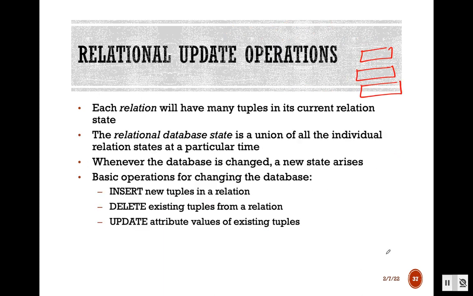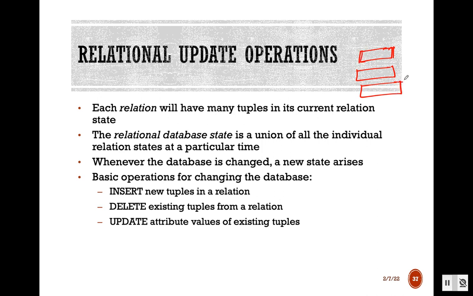So let's talk about a couple of relational update operations. Each relation will have many tuples in its relation state. Just to remind you, a relational schema means the list of relations with the relational diagram.